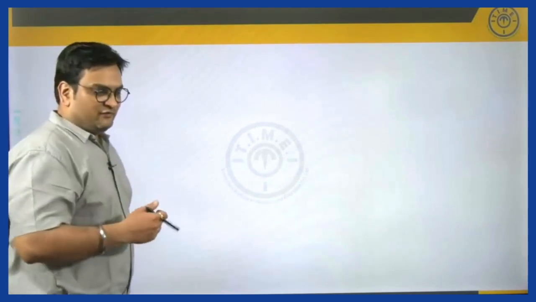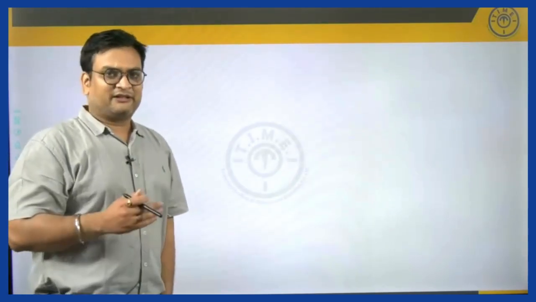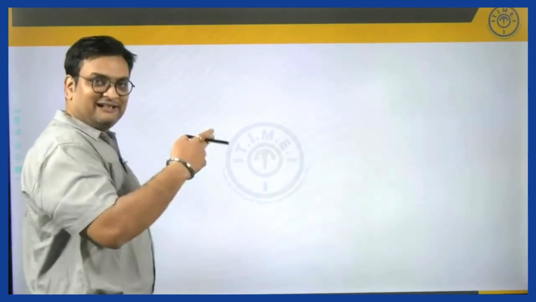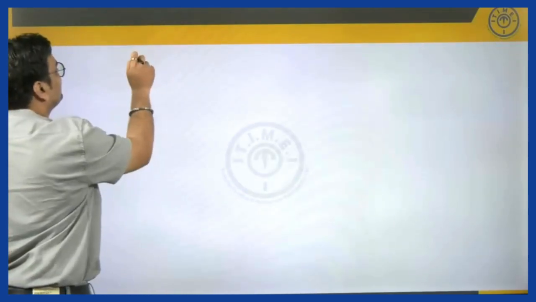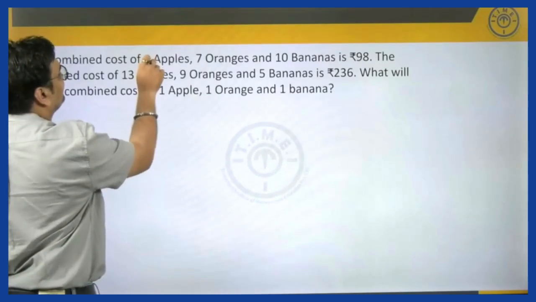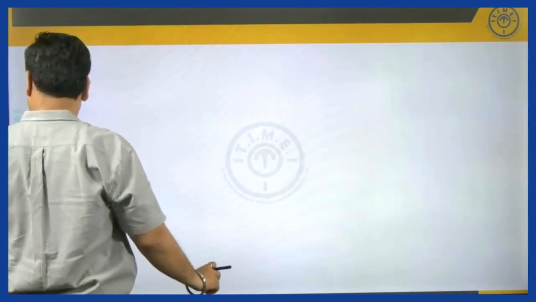I, as part of this video, will be continuing with the discussion here. You can continue watching once you are done with your attempt. So the question basically is like this. You have two equations involving three variables.